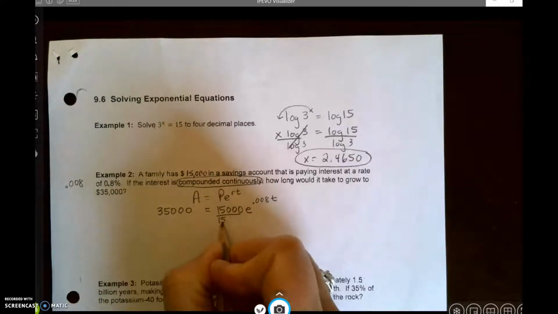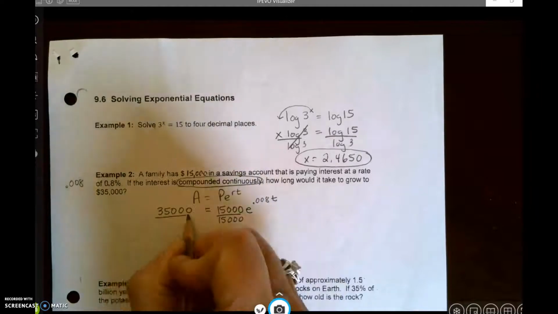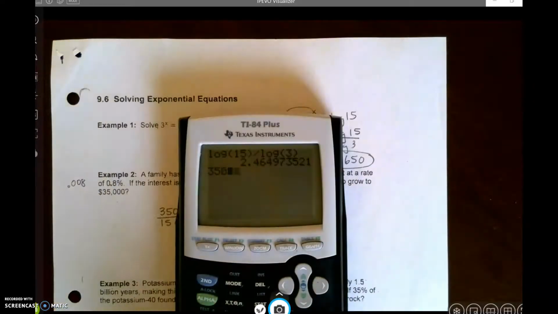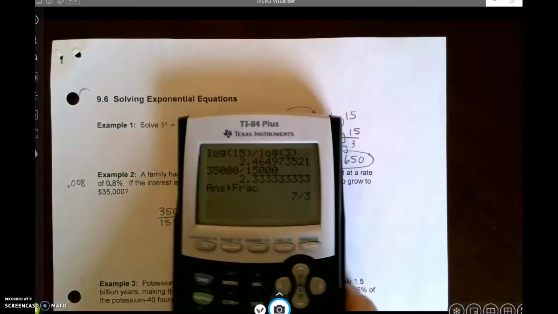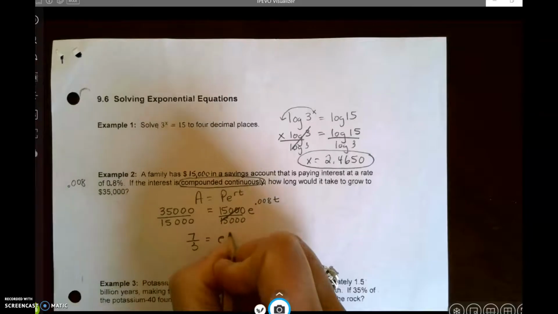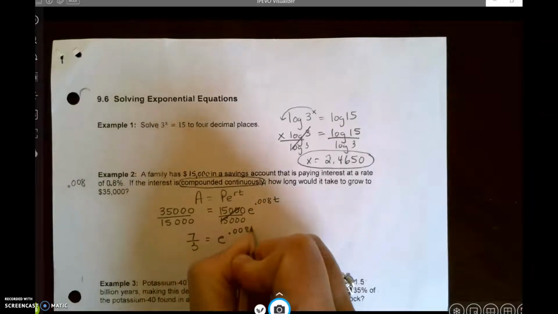So I'm going to divide both sides by 15,000. 35,000 divided by 15,000. Like a repeating decimal. I want to keep it exact for right now, so I'm going to call that 7/3. So 7/3 equals e to the 0.008t.